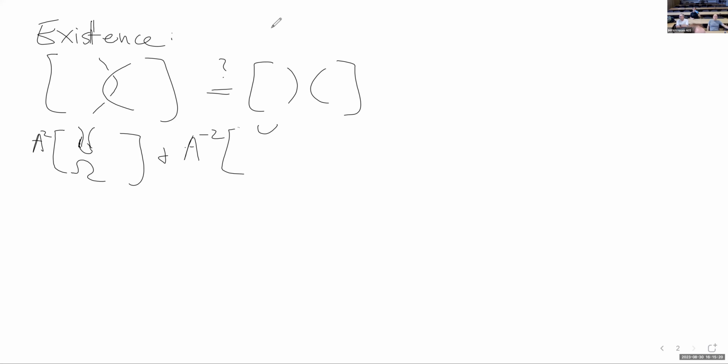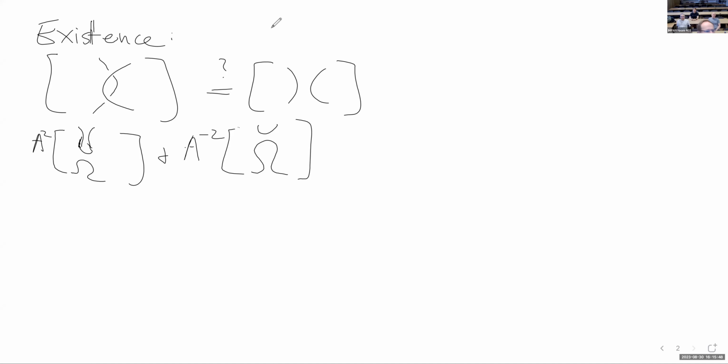This calculation allows you to do one smoothing for one crossing, so I kind of did it twice. Not allowed by the relation. All right. Well, I think it's okay to use it twice, but maybe it's too fast.